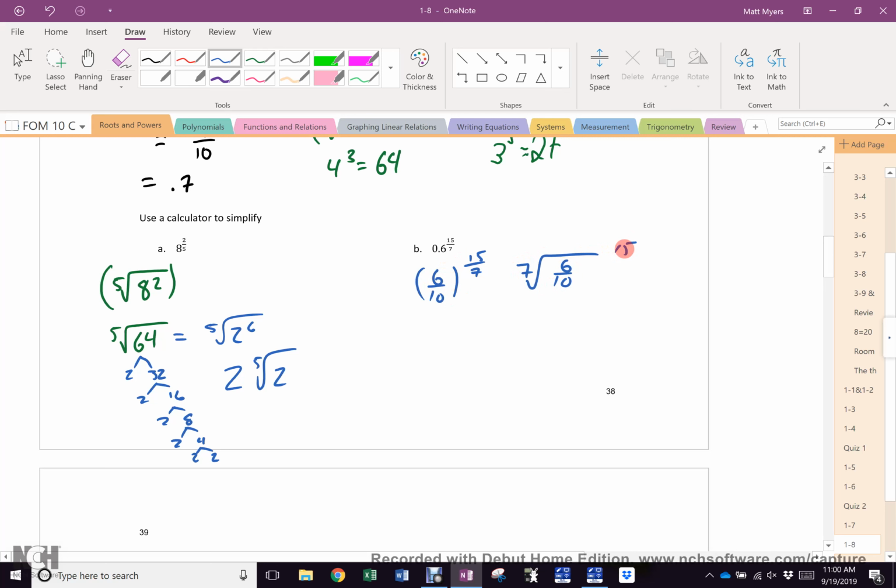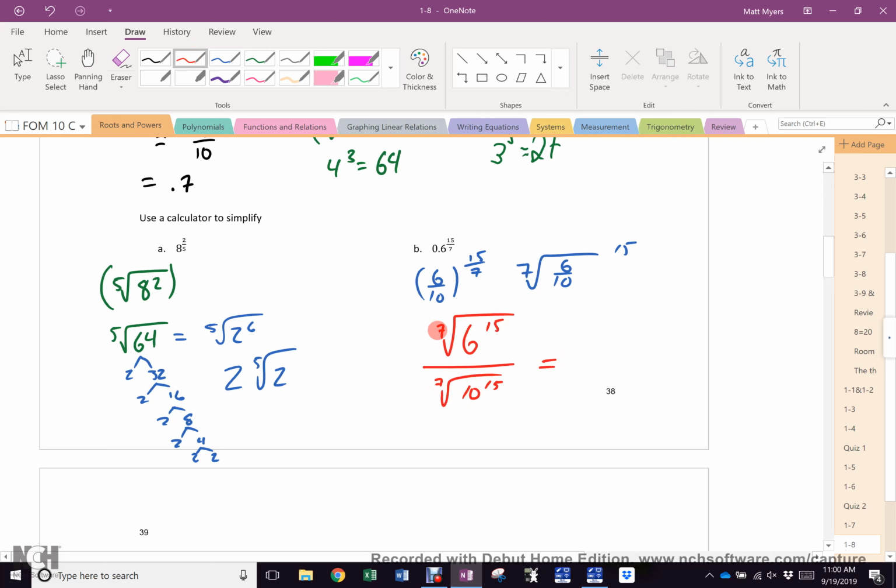Now, where is that 15 allowed to go? It could go inside, yes? So this would be the 7th root of 6 to the 15th power. Agreed? Everyone agrees? Yes. Over the 7th root of 10 to the 15th power. Everyone agree? Yes.